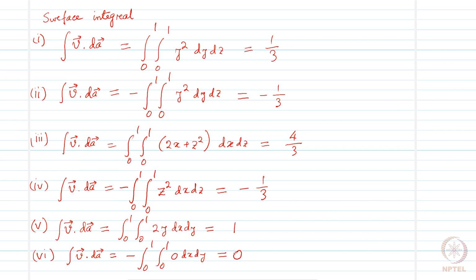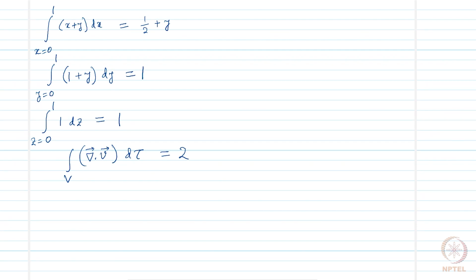Now, if we add up the contribution from all the surfaces, we can write down the closed integral over the cubic surface of V dot dA as 1 over 3 minus 1 over 3 plus 4 over 3 minus 1 over 3 plus 1 plus 0 equals 2, and the value from the volume integral was exactly 2.